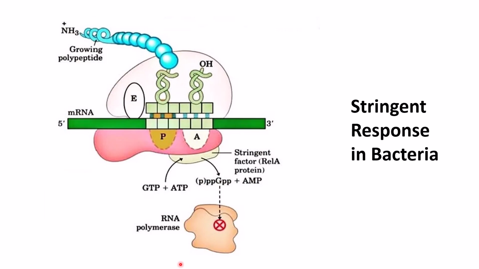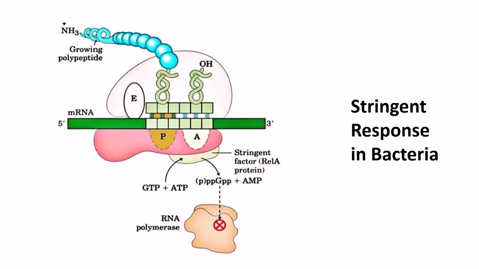Because of this alteration in promoter specificity, it can transcribe some genes or reduce the transcription of some genes. So that is what is happening in the stringent response in bacteria. The stringent response allows the bacteria to adapt to amino acid starvation by slowing down growth or by conserving some resources within the bacteria.